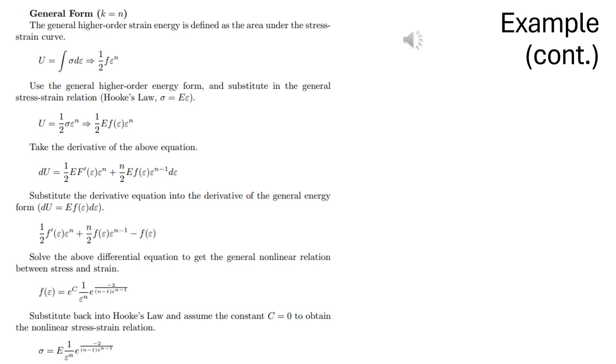If we substitute this back into Hooke's law above, where stress is equal to the modulus times strain, we end up with stress is equal to the modulus times 1 over strain to the n times the exponent of -2 over n minus 1 times E to the n minus 1. And this is the same form as the last row in that table in 16.1.